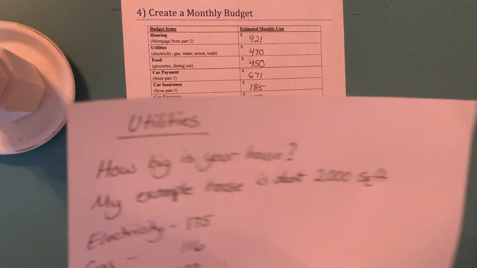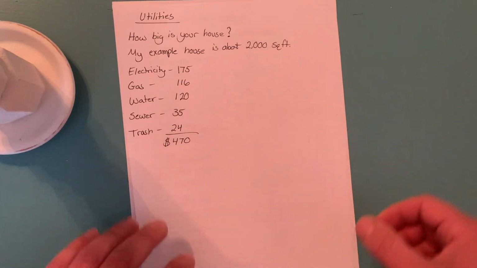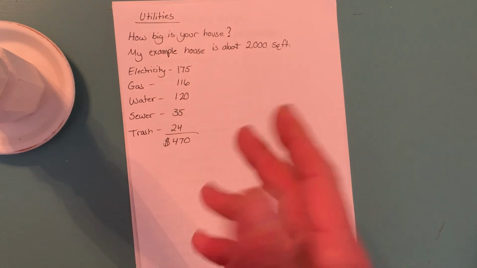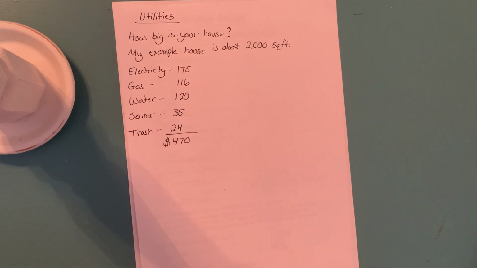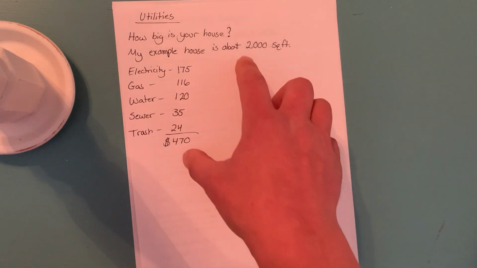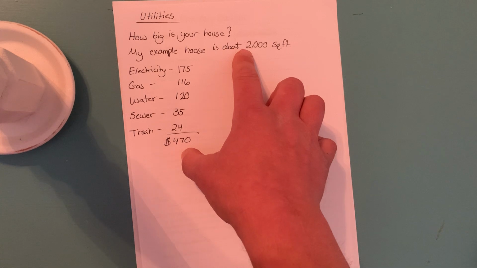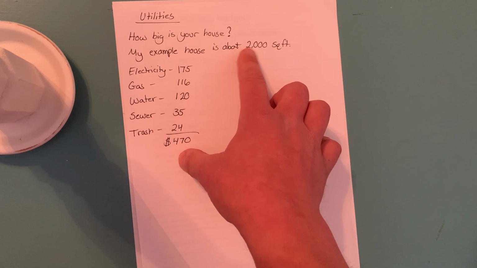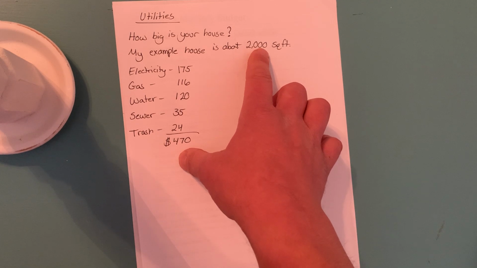Next part is utilities. Now, I wanted to talk you through what utilities actually mean. Utilities include electricity, gas, water, sewer, trash. Some neighborhoods have an HOA fee, etc. Now, the house that I bought in this example was 2,000 square feet. And a 2,000 square foot house is a pretty big house.